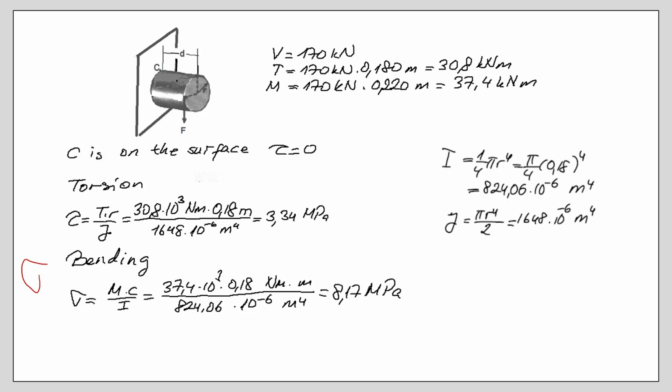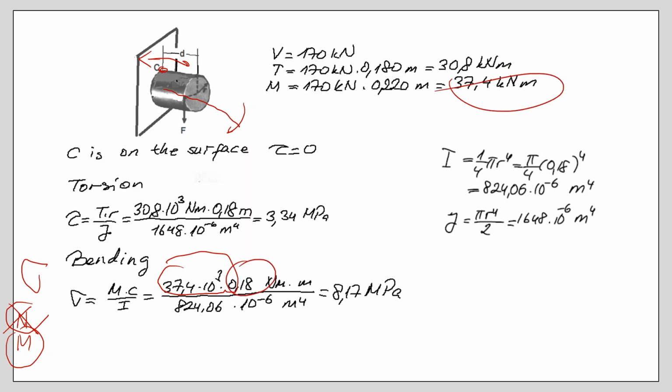What about the normal stresses? Normal stresses are caused by normal forces and bending moments. In our case, there is no normal force. There is only bending, in this direction. So in my point C, I will have tension. So this is my bending moment, which looks like this. That's the value. That is the distance of point C from the neutral axis.